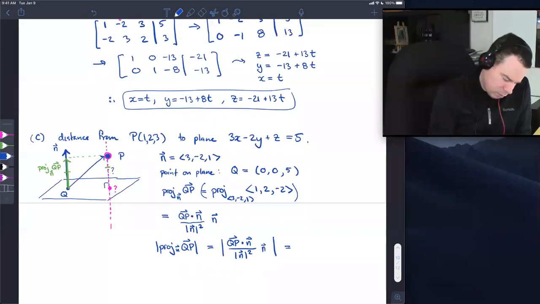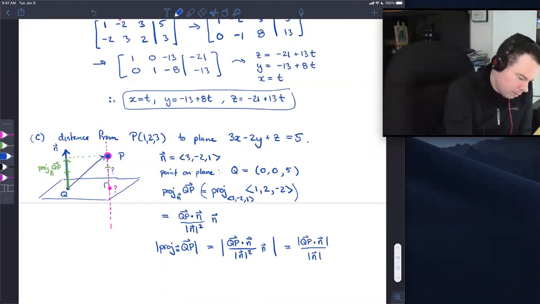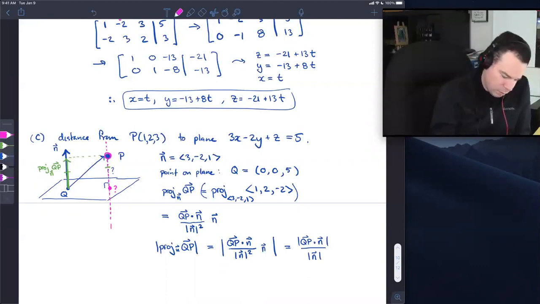And that means I'm interested in the absolute value of QP dot n over, well, when I take the magnitude of this, I get the magnitude of n on top, and then the magnitude of n squared on the bottom, so that just gives me the magnitude of n. So this is the calculation we have to do right here.